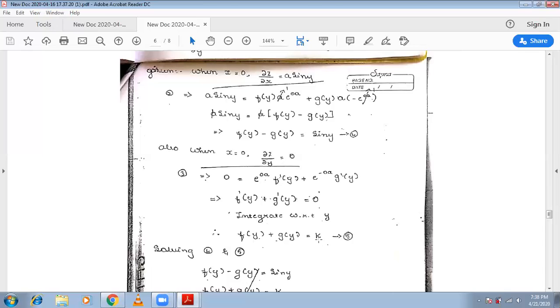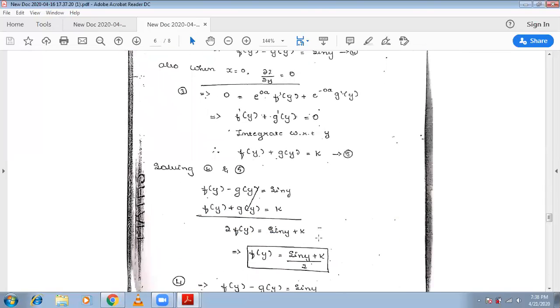This is very important. Here we cannot solve directly, but equation 4 involves f and g, and here f dash and g dash. By integrating this, we express this in terms of f and g. f dash becomes f of y and g dash becomes g of y, that is equal to k. k is the integration constant. Call it 5.